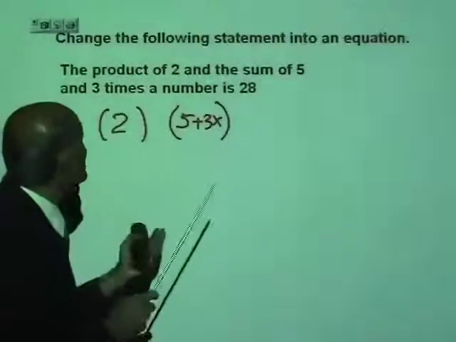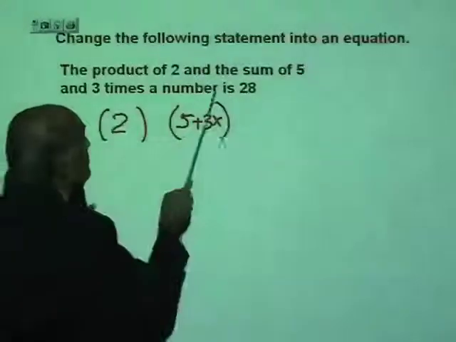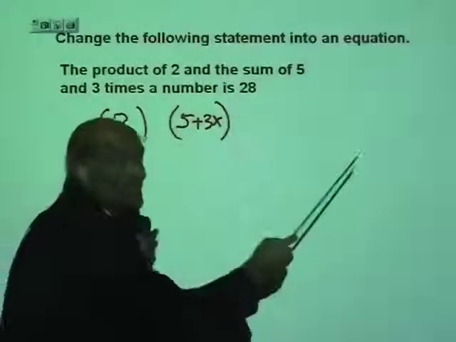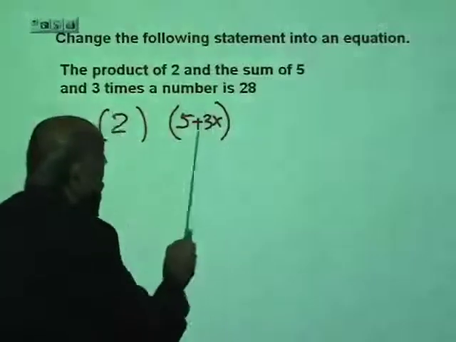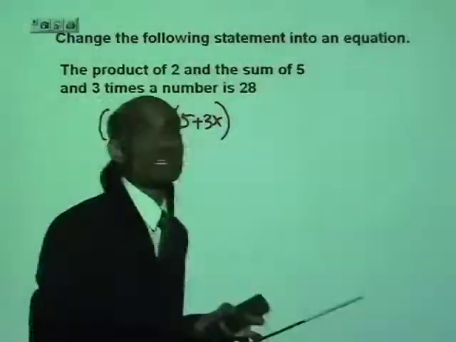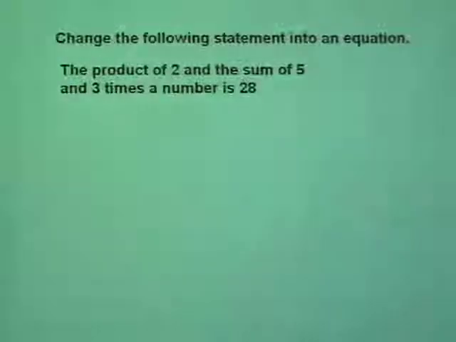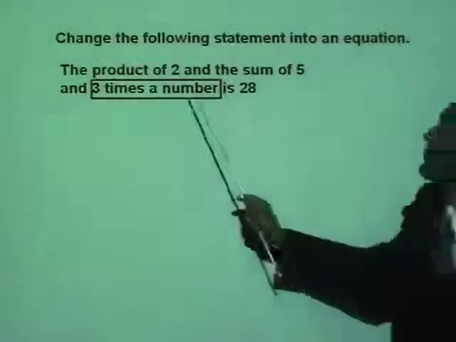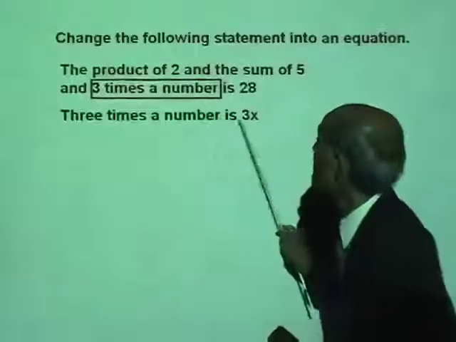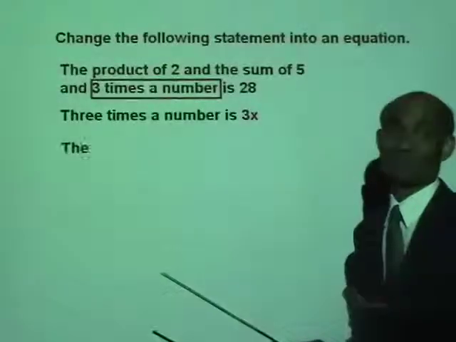And that product is equal to what? The product is 28. So this product equal to 28 will be our equation. Let's do it again. First of all, 3 times a number is 3x.